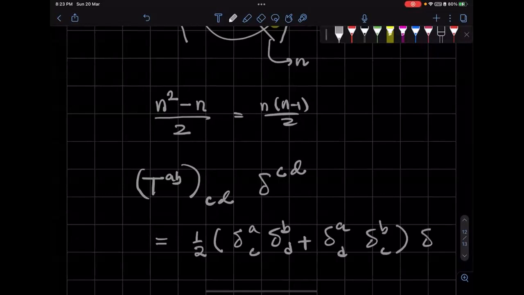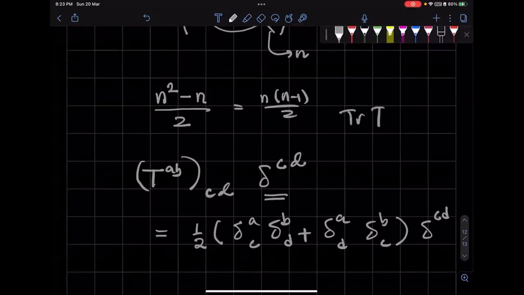And then we are tracing it with C and D, because this is the identity. Okay, this is basically the trace of T_AB, which is equal to T_AB,CC, right? So that is what we call by trace.